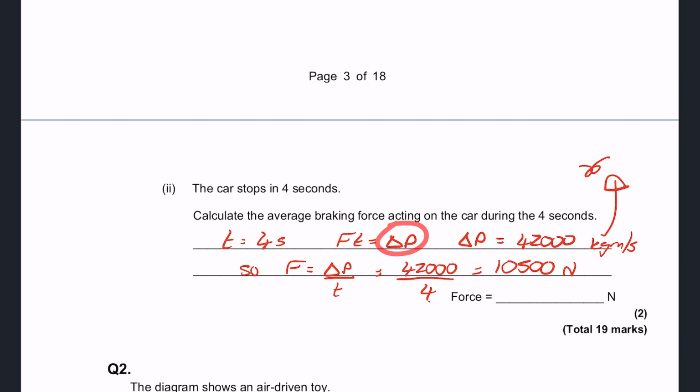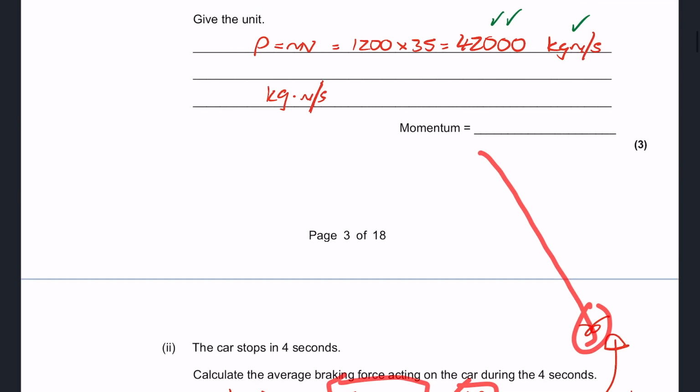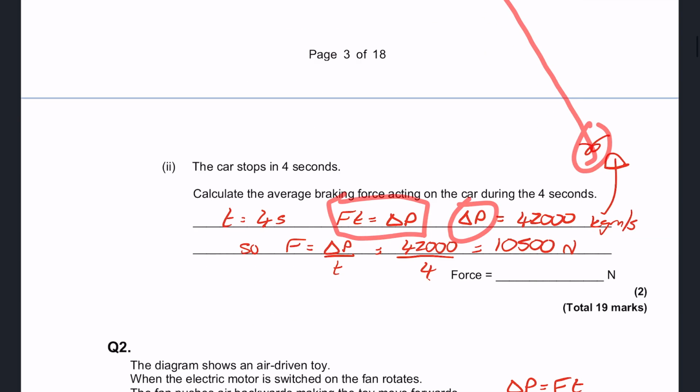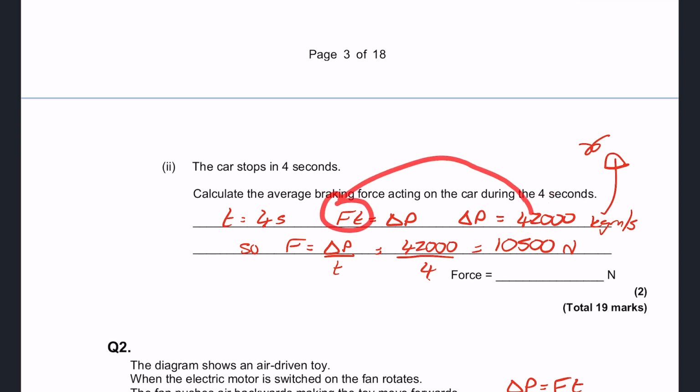But we often write it as just a delta P. It's nice and neat. And our change in momentum, which we can look back at what we did up there, we found it to be 42,000. So our change in momentum is 42,000, which means our F times T is 42,000.